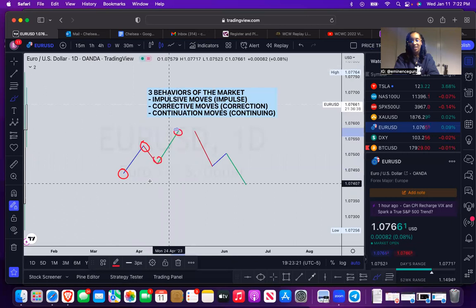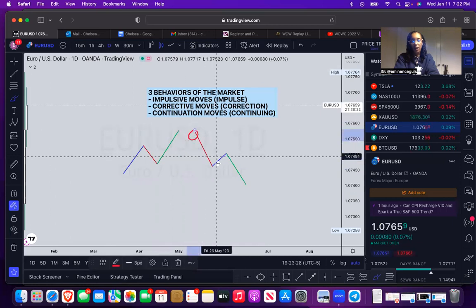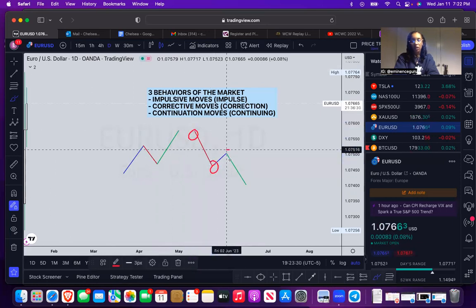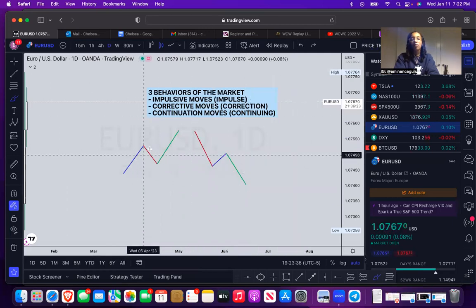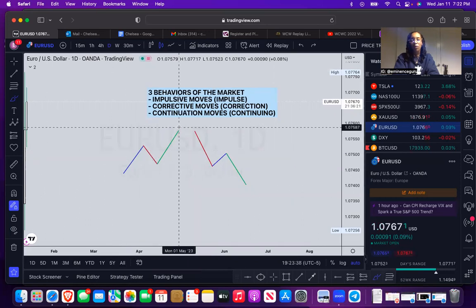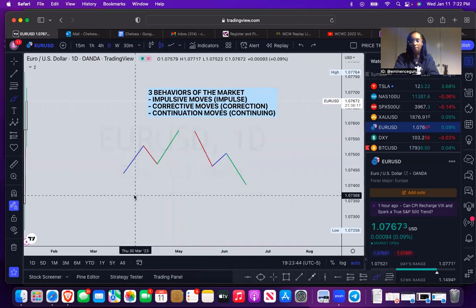And if we're going the opposite way for selling, lower high, lower low, lower high, lower low. Market's always making these moves. The market makes these moves so much that they're the behaviors of the market that you can actually take trades based off of this.